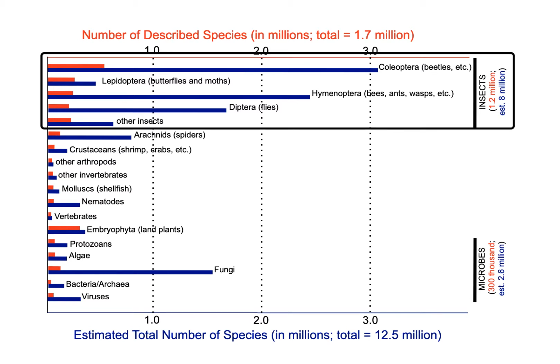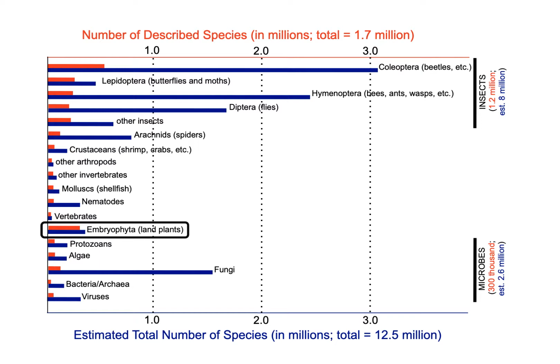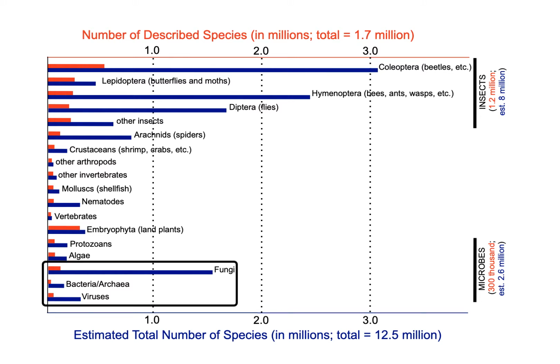You can see that insects dominate primarily. You also have a lot of plant species. And then these are the vertebrates here. We're within that tiny little group down there. Fungi and bacteria and viruses are sort of underrepresented. There probably are more of those yet to be described.